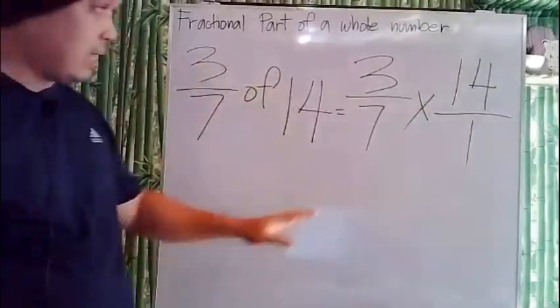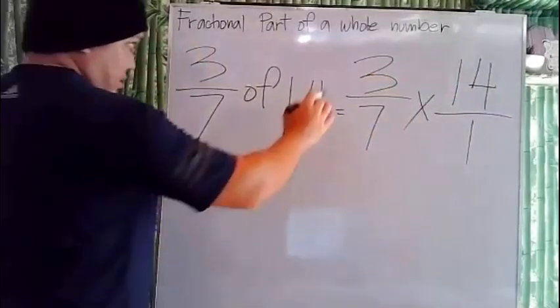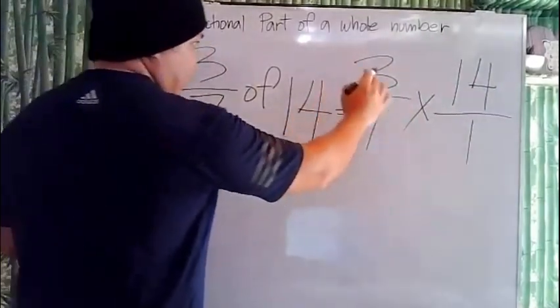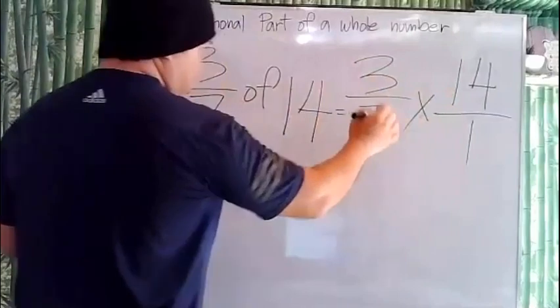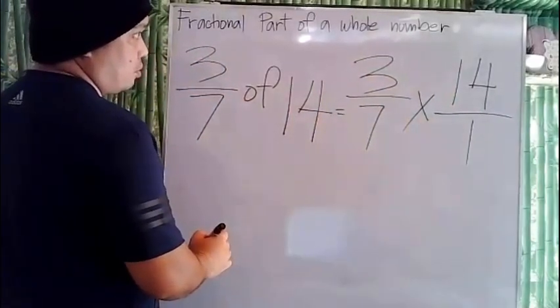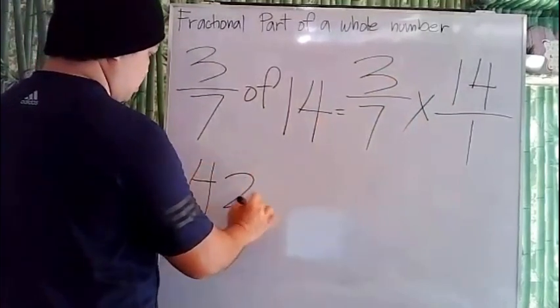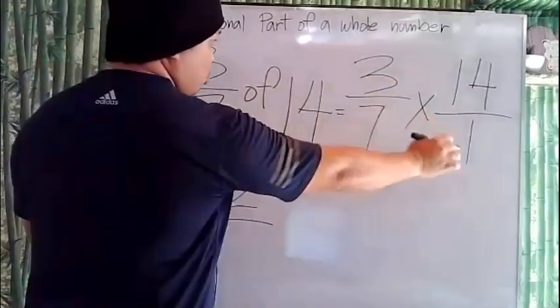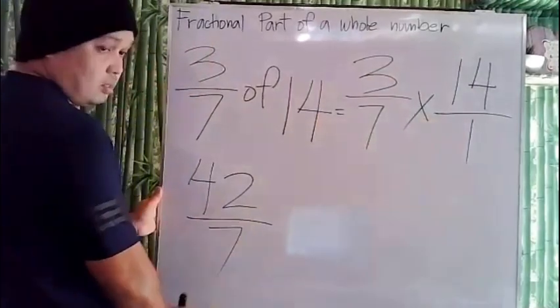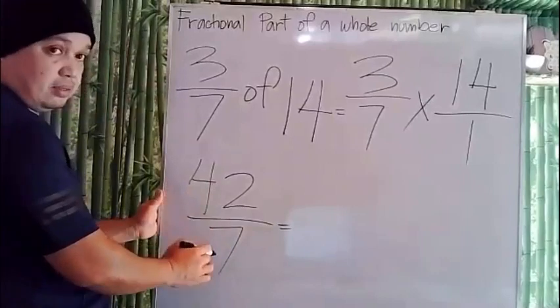So we are now multiplying two fractions here. Now, to multiply, that's the same process. Multiply the numerators, which is 3 times 14, that is 42. Okay? It will be 42 over 7 times 1 is 7. And so this will become 42 divided by 7.